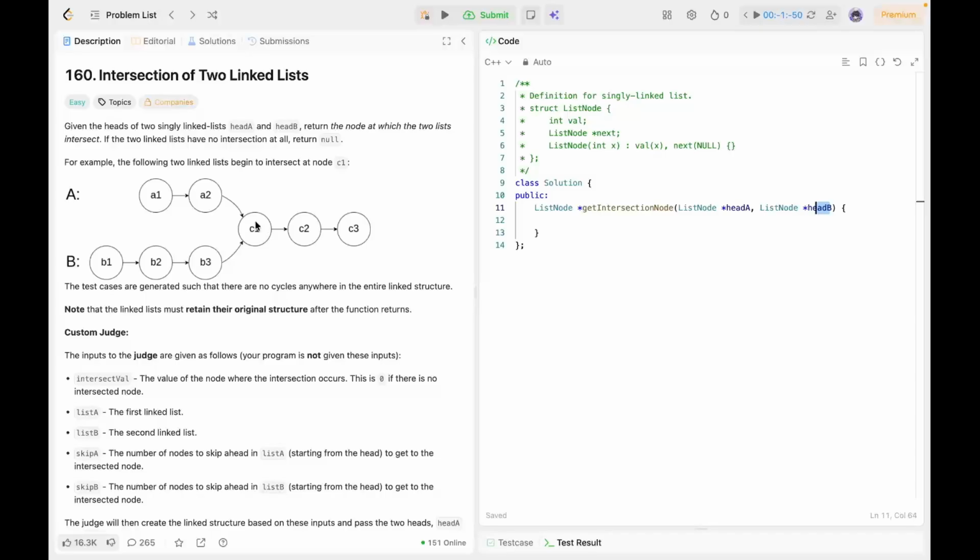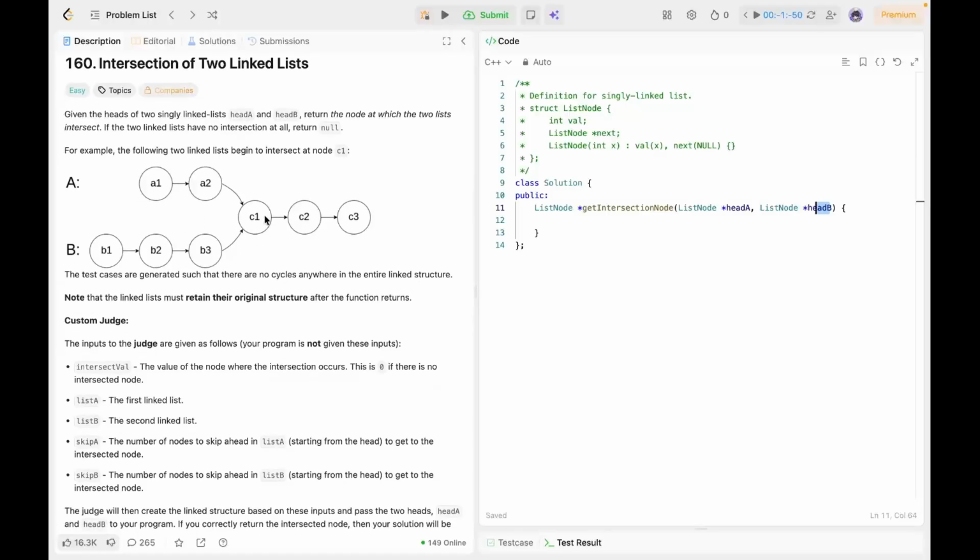You can see that C1 is the intersection point between the two linked lists, so you have to return this node C1.